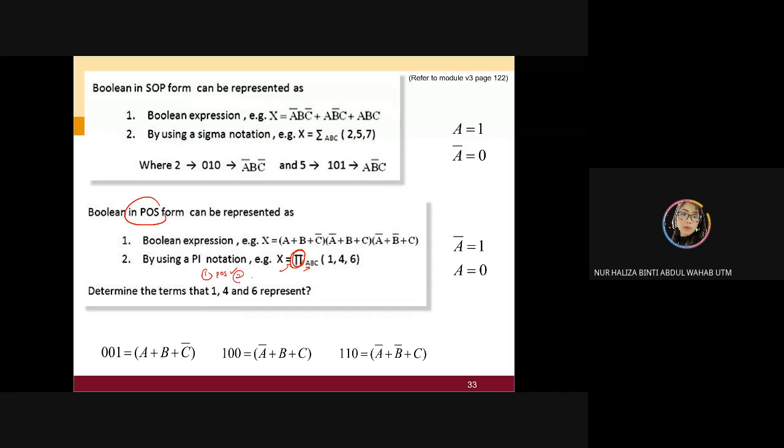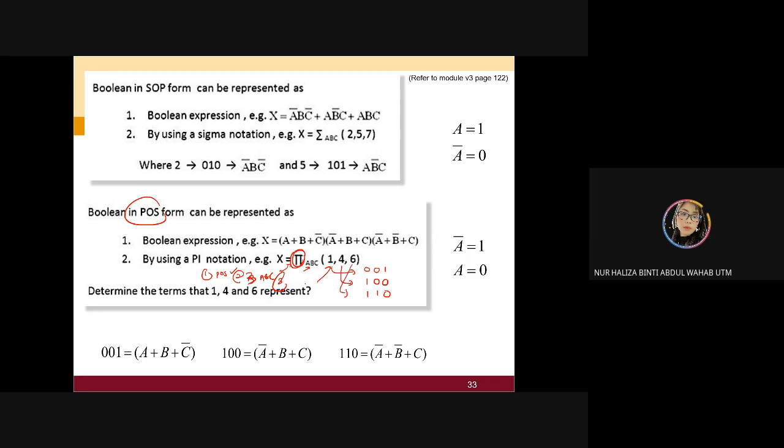You have 3 variables, A, B, and C. Third, you convert from decimal to binary. You get 0, 0, 1. This one is 0, 4, right? 1, 0, 0. And this will be 1, 1, 0.